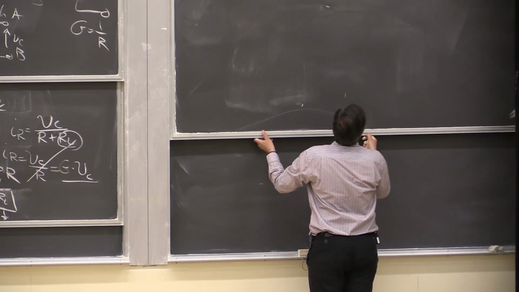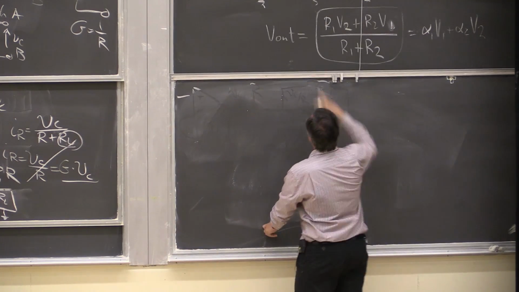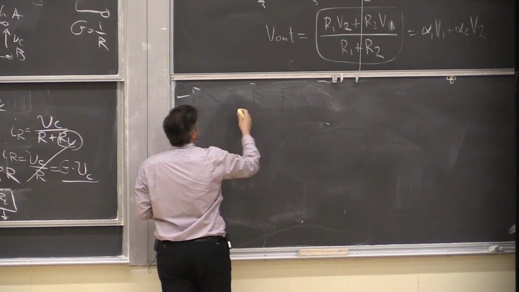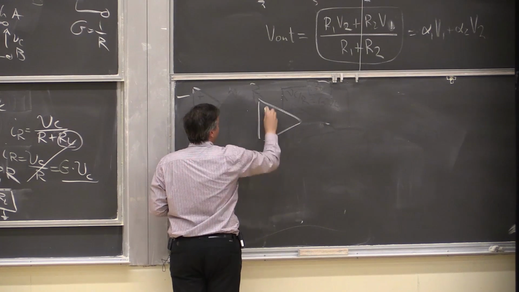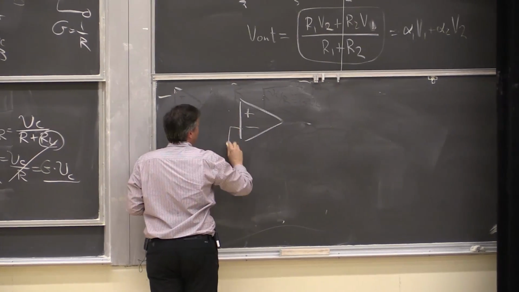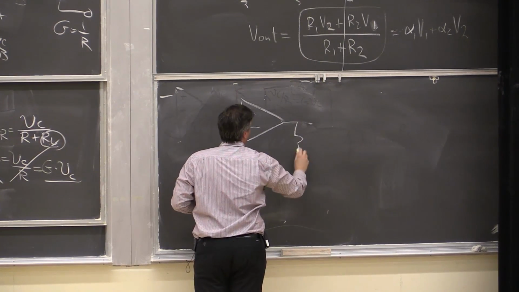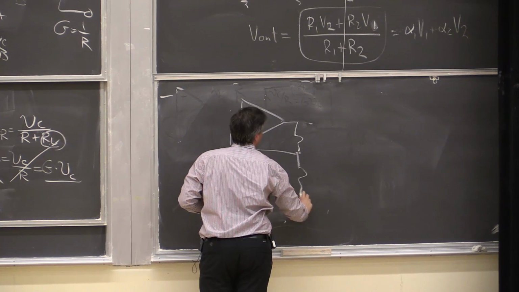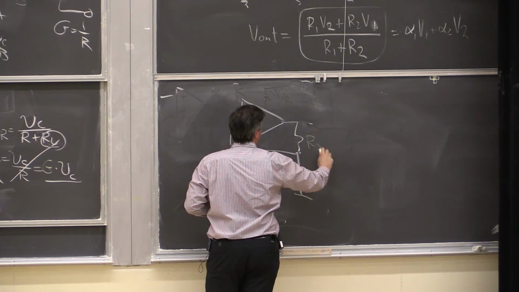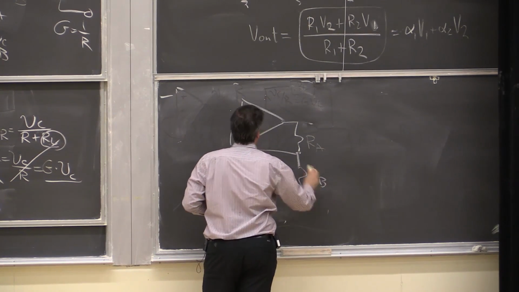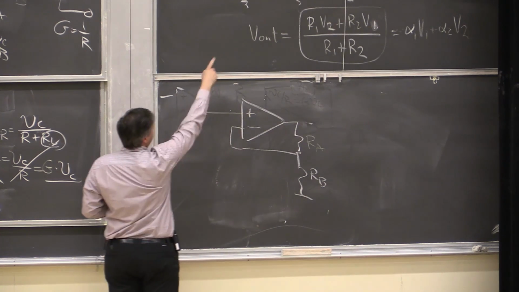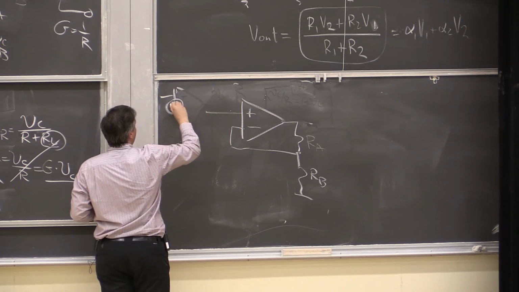If you want to amplify that V out, obviously you can put it into some sort of non-inverting amplifier.